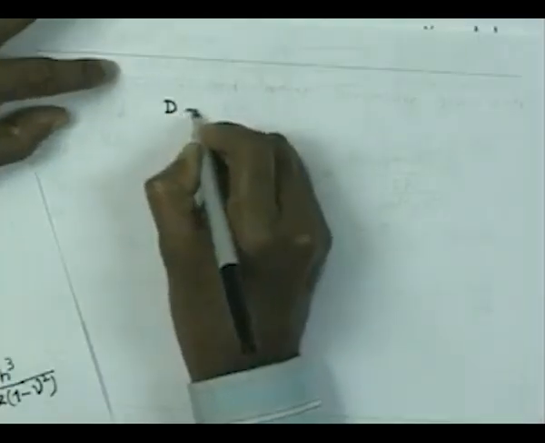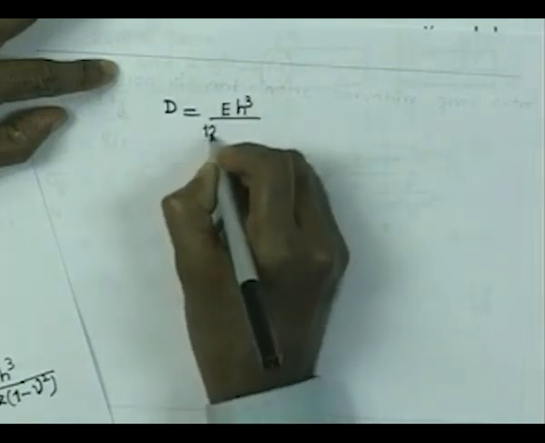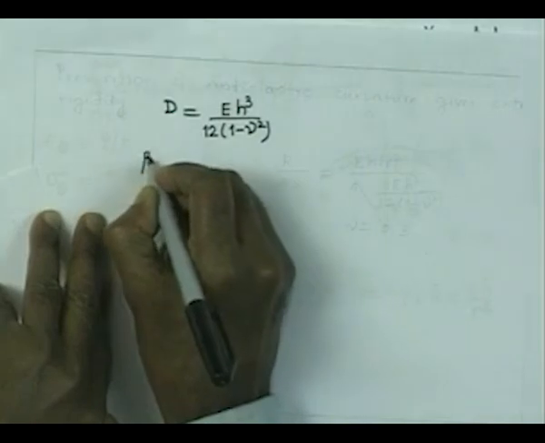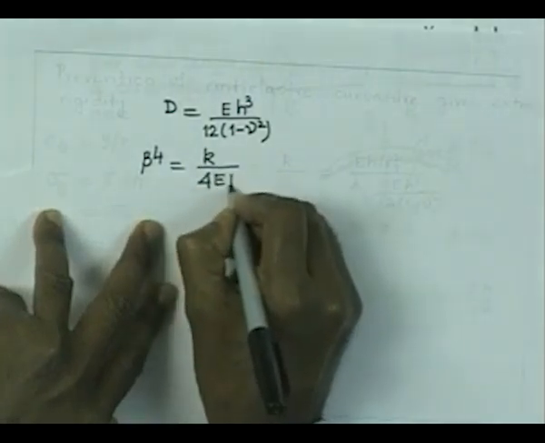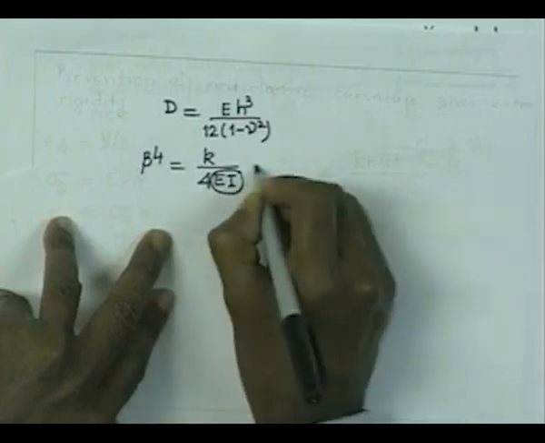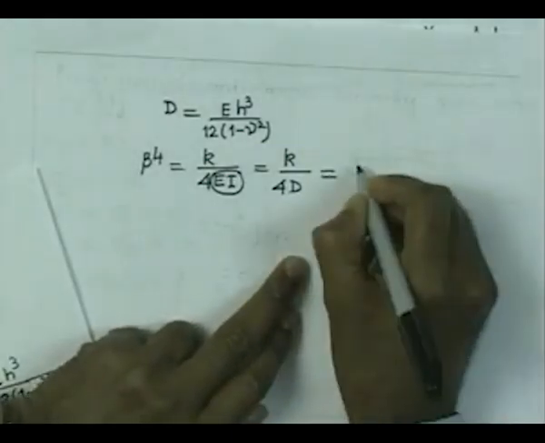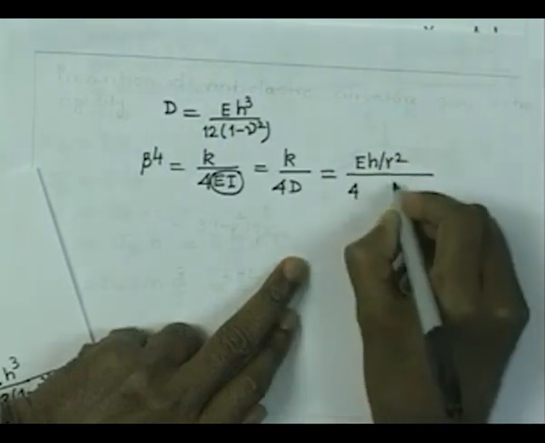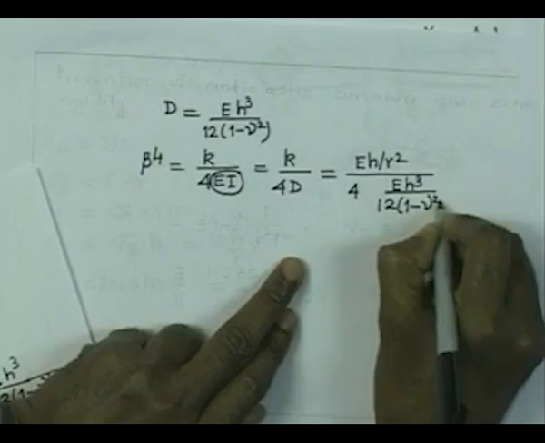So, we can now write that this D is equal to E h cube by 12 into 1 minus nu square, and hence we can now write beta to the power 4, which is the constant, which is nothing but k by 4 EI, and this 4 EI is to be replaced for this case by D. So, therefore, it should be k by 4 times D, and now if I substitute, we have already got k as E h by r square, and this is now 4 E h cube by 12 into 1 minus nu square.